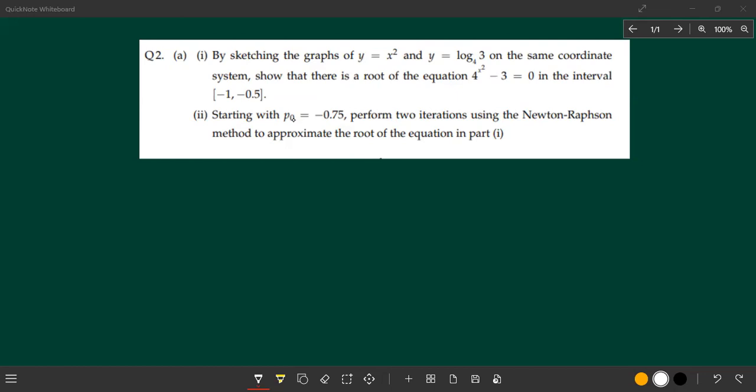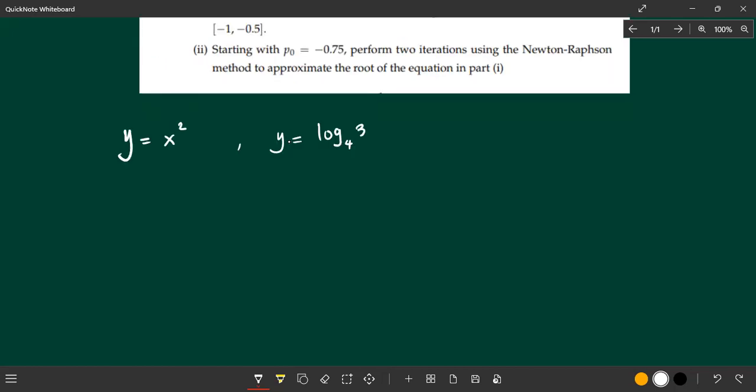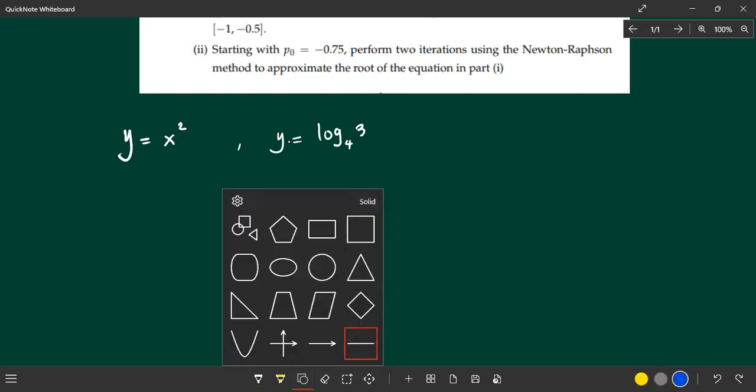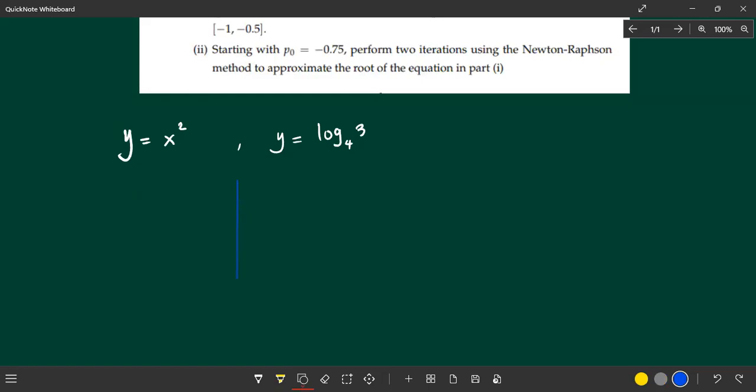Okay, so we're given the two functions. The first function, y equals x squared. We also have another function, y equals log base 4 of 3. So I have to sketch this on the same coordinate system. Let me just draw the xy axis.